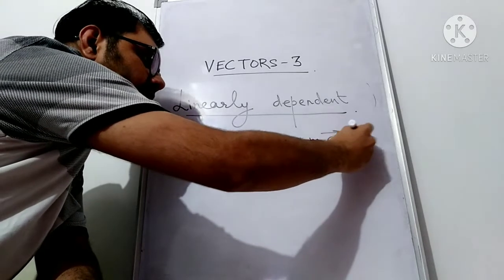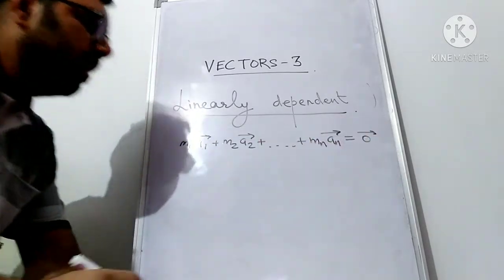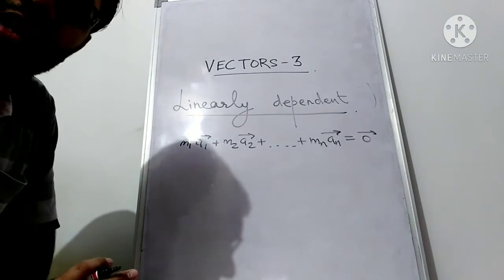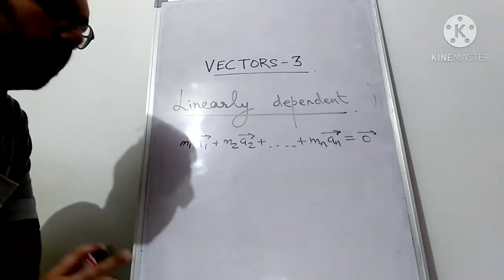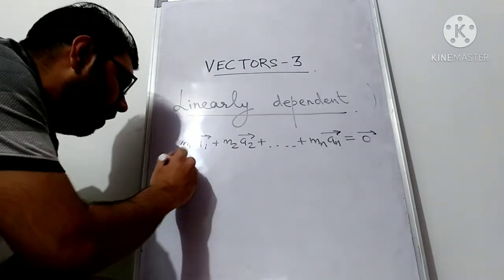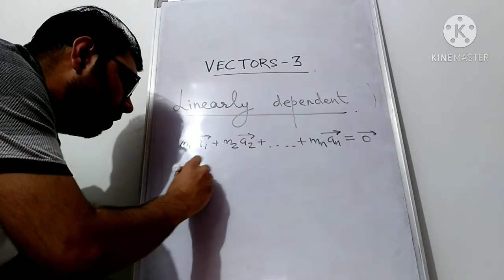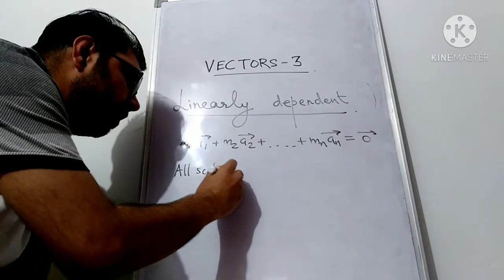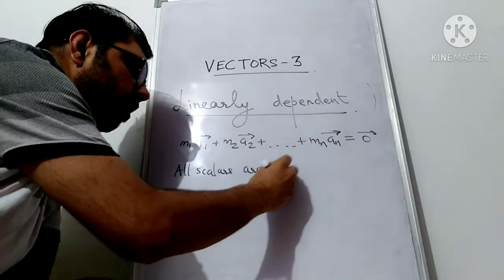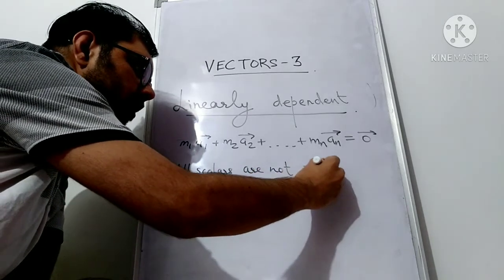This is a 0 vector or null vector, but this does not imply that all the scalars have to be compulsorily 0. All scalars are not 0 simultaneously.